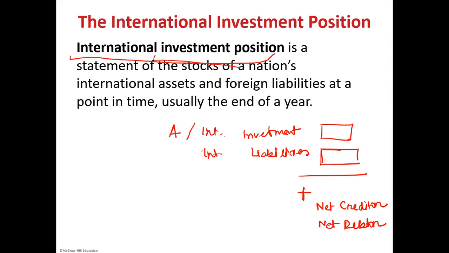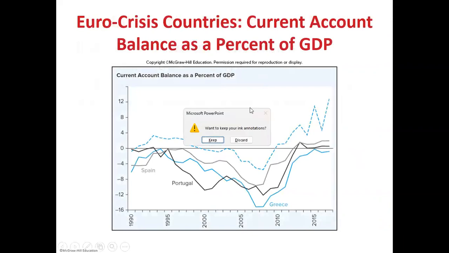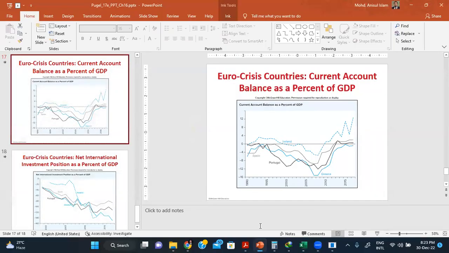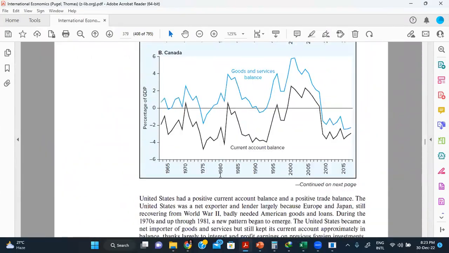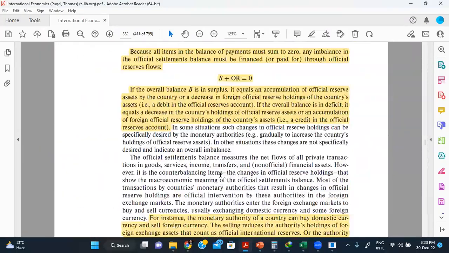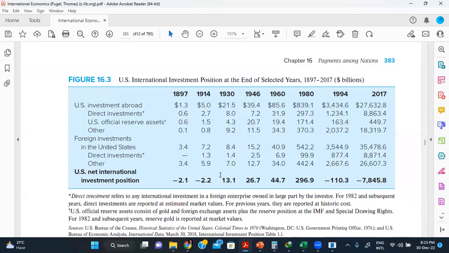Let me show you a figure of the US. I don't know whether I have taken this in my slide, but let me show you from the text so that we can explain it. You see this figure?